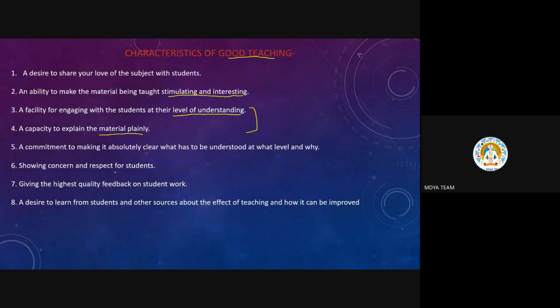Showing concern and respect for a student. This is an important quality. I'm giving you an example to clear this point.